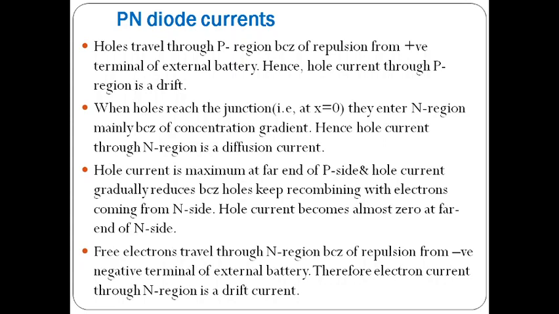This mechanism is called the drift mechanism. Therefore, electron current through the n region is a drift current, and we consider this drift current from the far end of the n region up to x equals 0, the junction point.